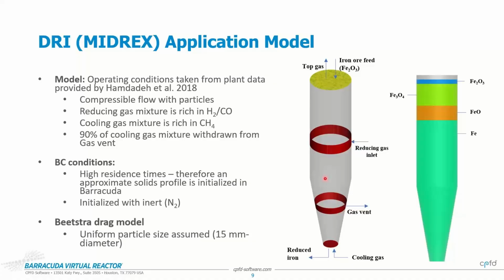We expect this shaft furnace to develop a solids distribution based on these stages. We have the hematite here, and as the reduction progresses in the shaft furnace, the solids distribution will develop over time. The idea is we want to get to a steady state more rapidly, and so we begin with an initial distribution.